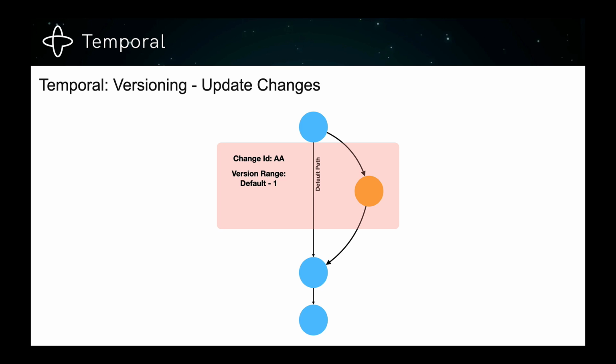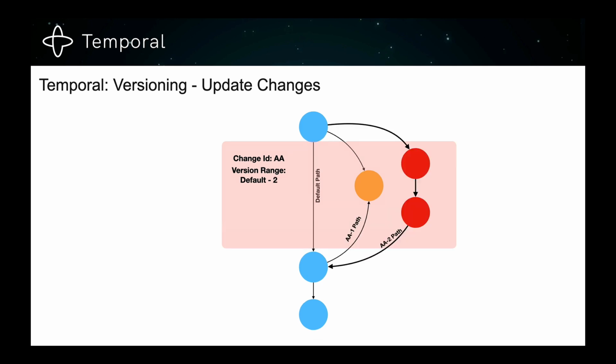Then let's say later on we realize we have to make further changes to this piece of code, or in this case, the orange circle that represents the change that we introduced in our workflow. We can do that. We can still maintain the change ID of AA, but we can add a new max range to our change version, which is 2.